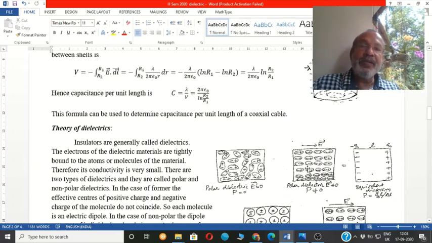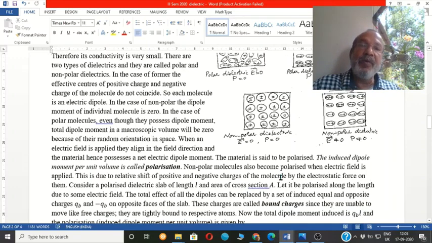So the total effect of polarization or alignment is the creation of a set of negative charges on one surface of the dielectric, and on the other surface an equal positive charge will be induced, and these charges are called bound charges. So it is written as Q bound or QB, and QB and minus QB will be the induced charges due to polarization, or bound charges due to polarization.